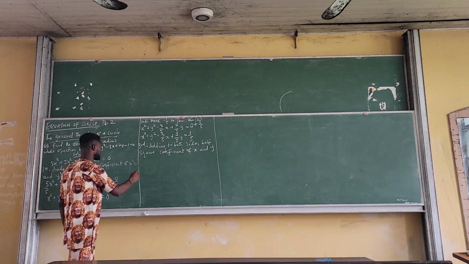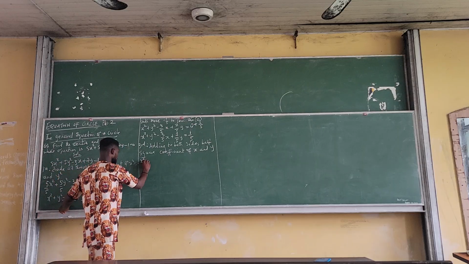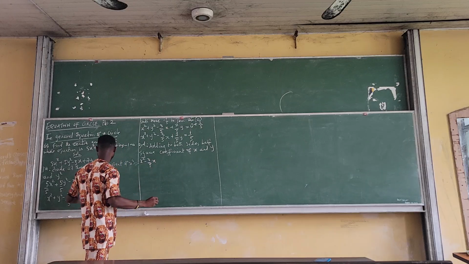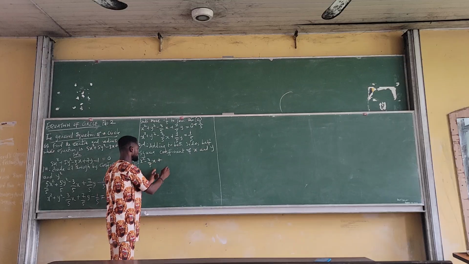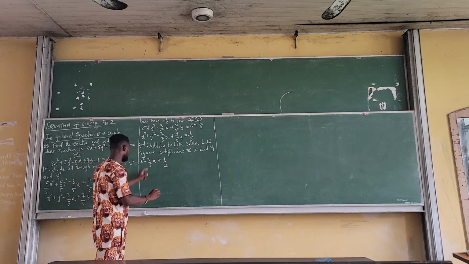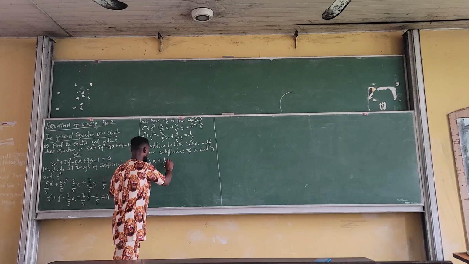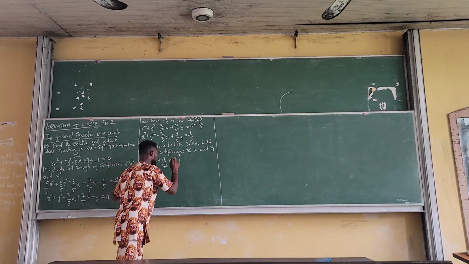Therefore, we have for x, x square minus 3 over 5x. Then you add what they ask us to do. That is a half, 1 over 2, times the coefficient of x, which is minus 3 over 5, and we are asked to square it.